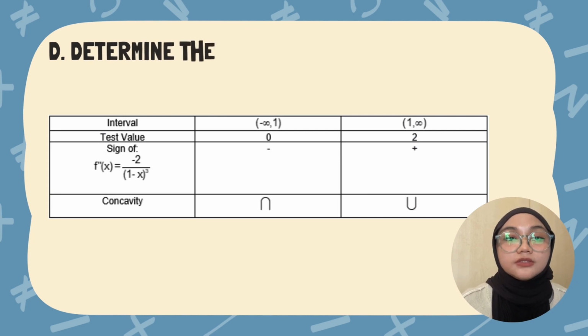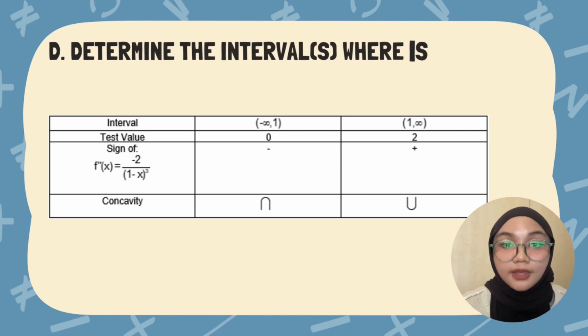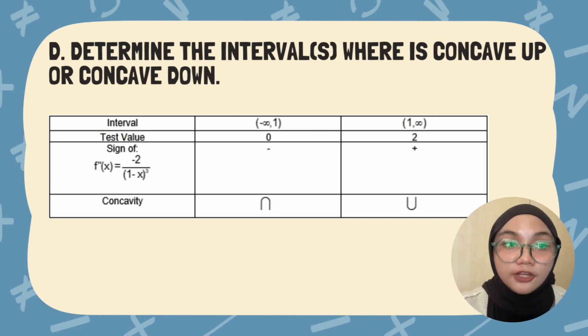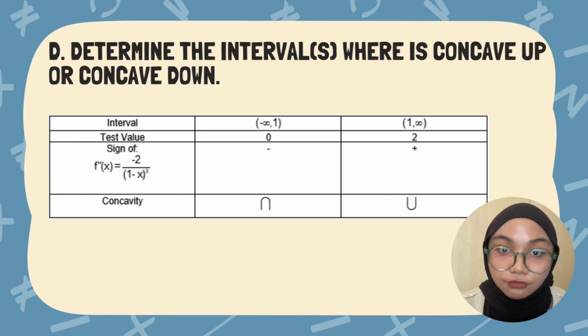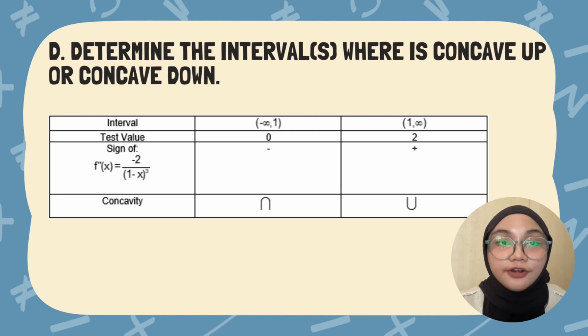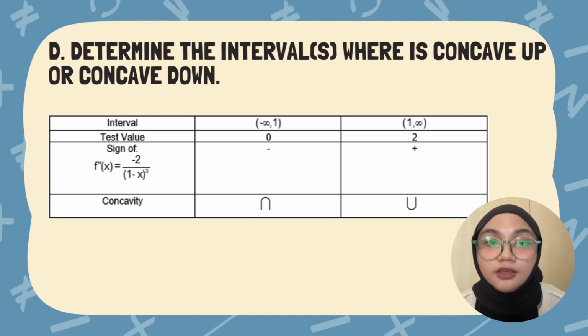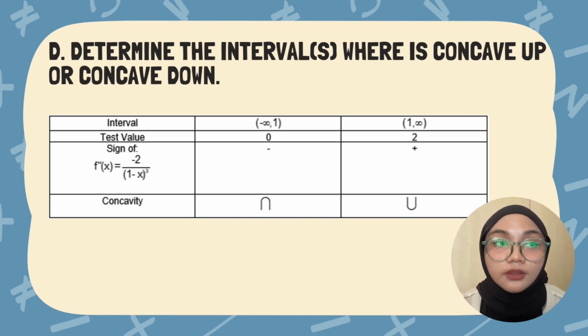So the next step is we make a table with the interval, test value, sign of f''(x) equals negative 2 over (1 minus x) cubed, and the concavity. For the first column, we put negative infinity to 1, and the test value is 0.